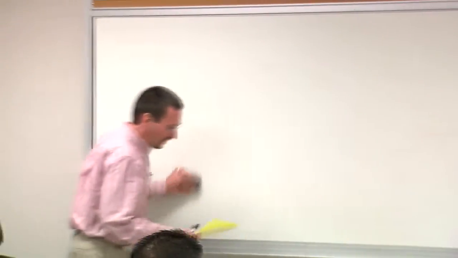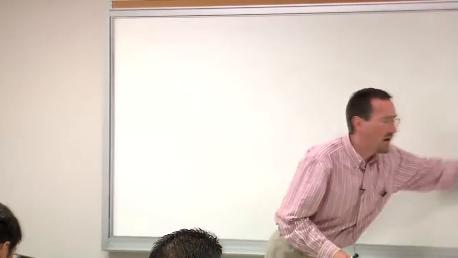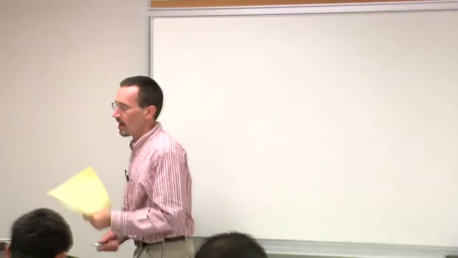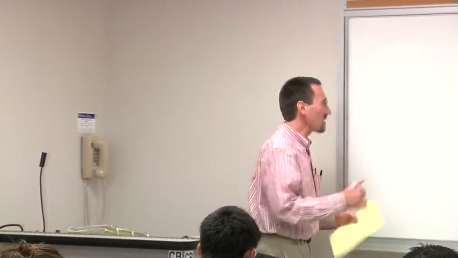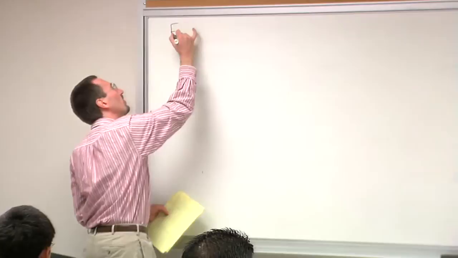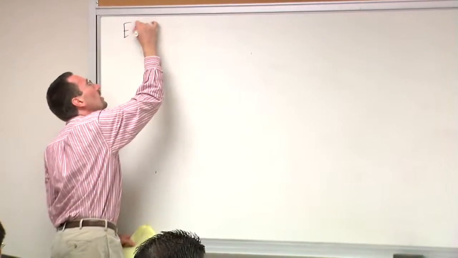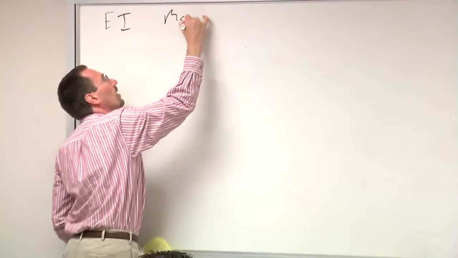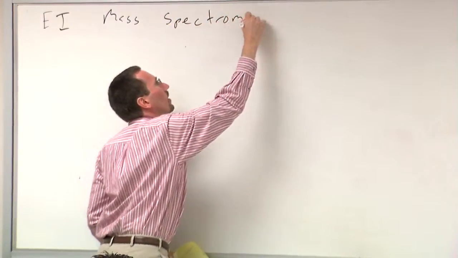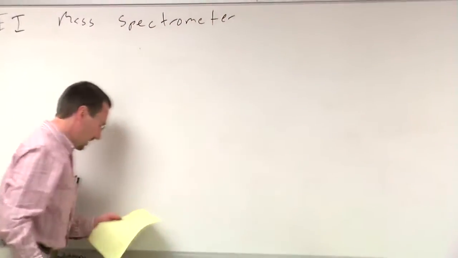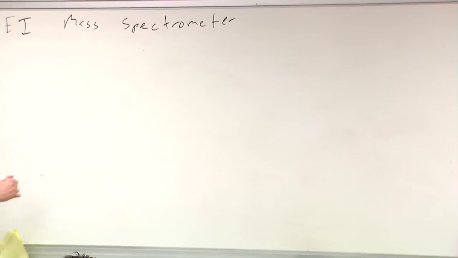All right, let me give a little more detail on the instrumentation of an actual EI mass spectrometer. So what I showed you before was sort of a simplified diagram. And I'll still give you a simplified diagram.